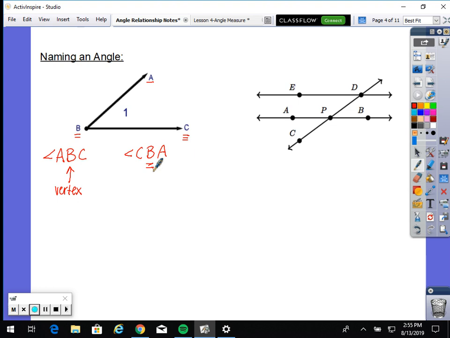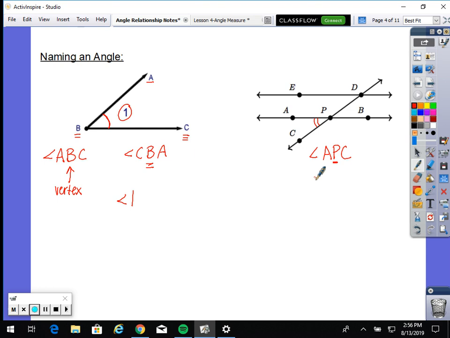Another way to name this angle is with the number that's being denoted within this angle. So I could also call this angle 1. If you look to the right, I have 2 lines being intersected with another one. So I'm just going to pick this angle right in here and name it. I could name it angle APC because P is the vertex.